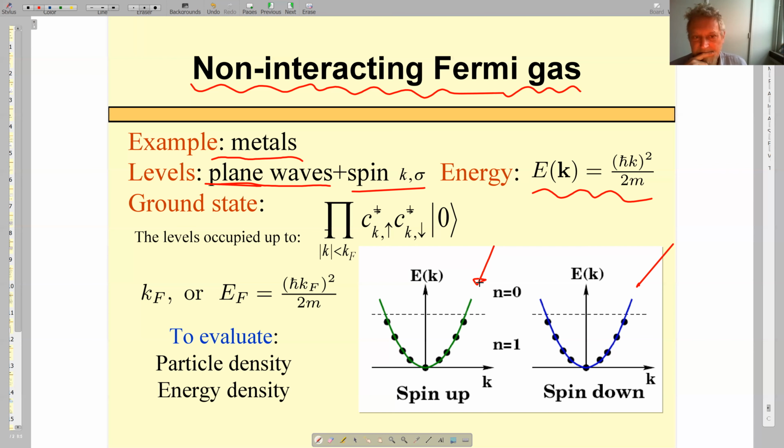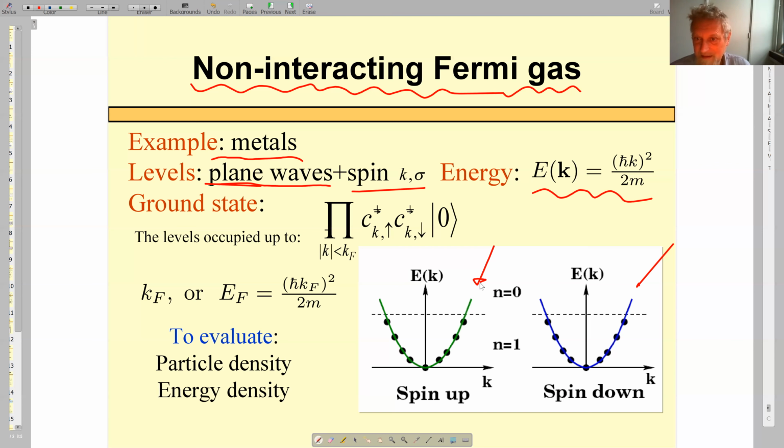And let's see what is the ground state of the system, the state with lowest energy. Formally, if we allow for any electron number in our metal, the ground state would correspond to zero filling of all the levels. Energy will be zero. But that's not practical. If you define metal in such a way, it's not a metal.